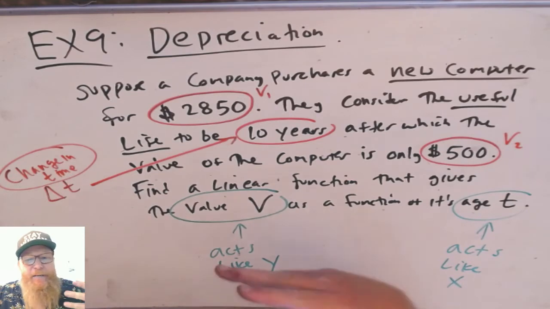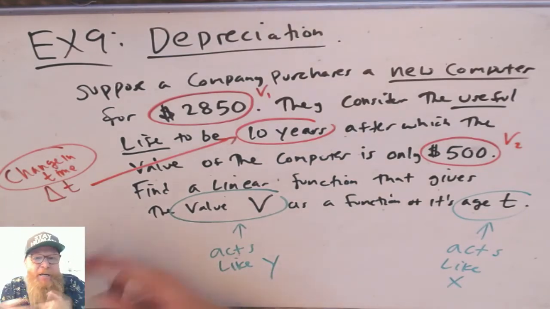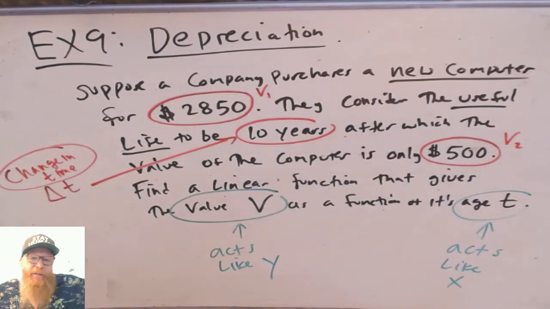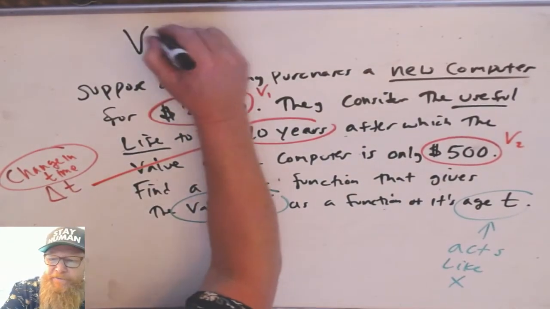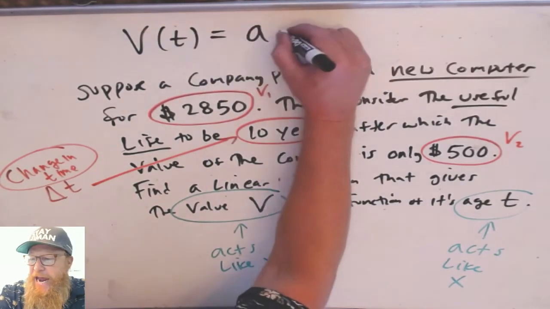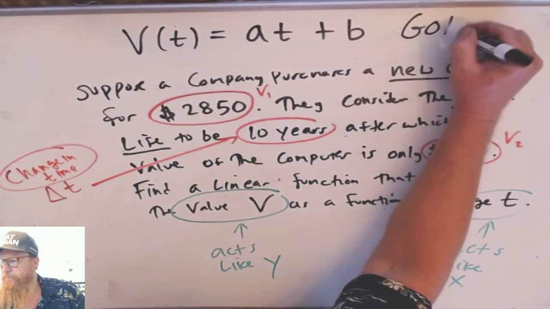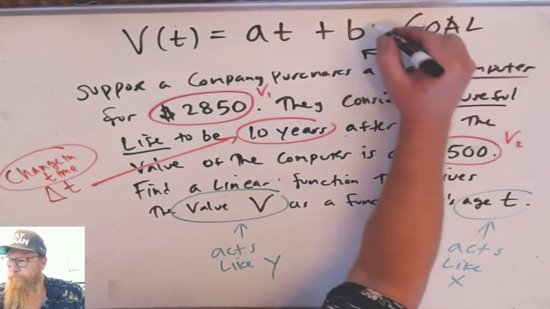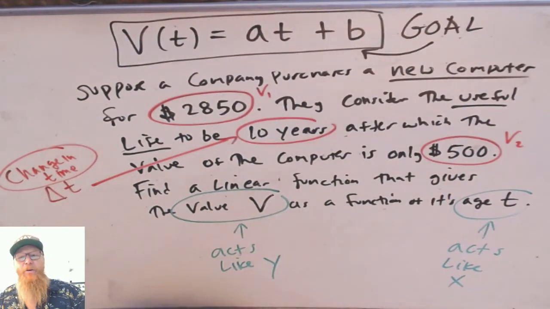Notice this problem didn't give me T1 and T2. It doesn't even say what year this is. I don't have any idea what year this is. This is just t changing in time. So we want V of t to be AT plus B. That's our goal. So you want to keep your eye on the goal. What do you want?